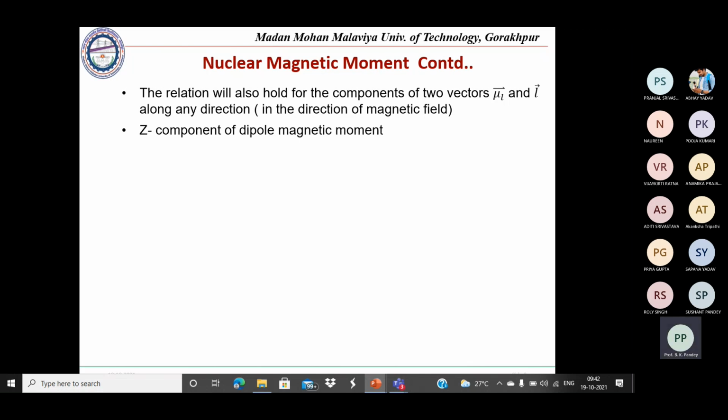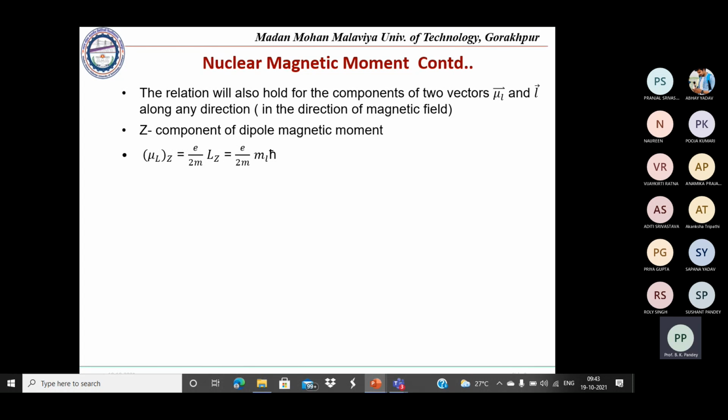If we wish to calculate the z direction of the dipole moment of the magnet due to the orbiting electron in the nucleus, as well as the applied magnetic field applied externally, say in the z direction, then the component of the dipole moment existing in that atom or nucleus is mu L z equal to e by 2m L z, and that is equal to e upon 2m m l into h cut.